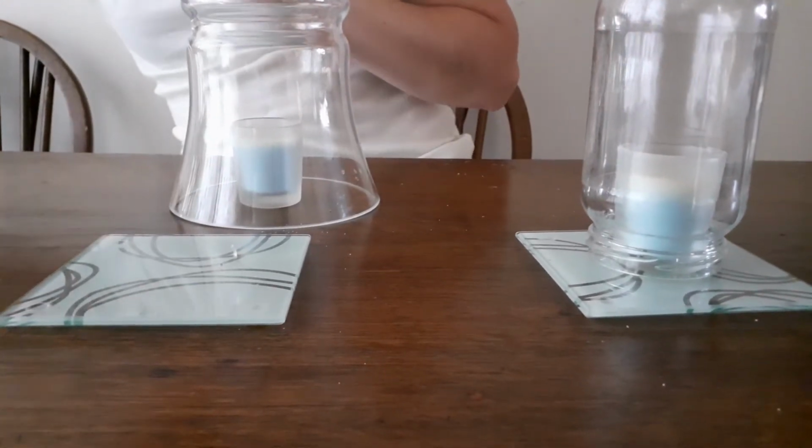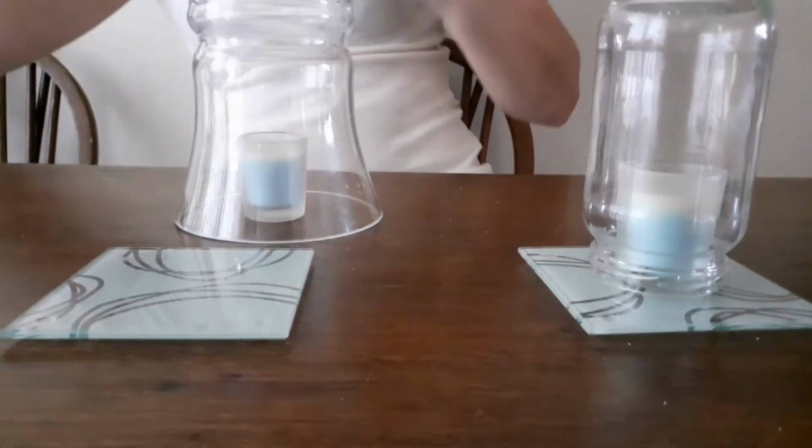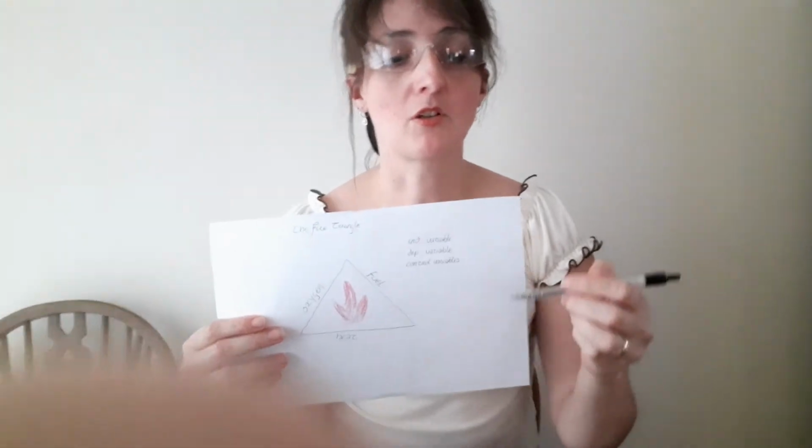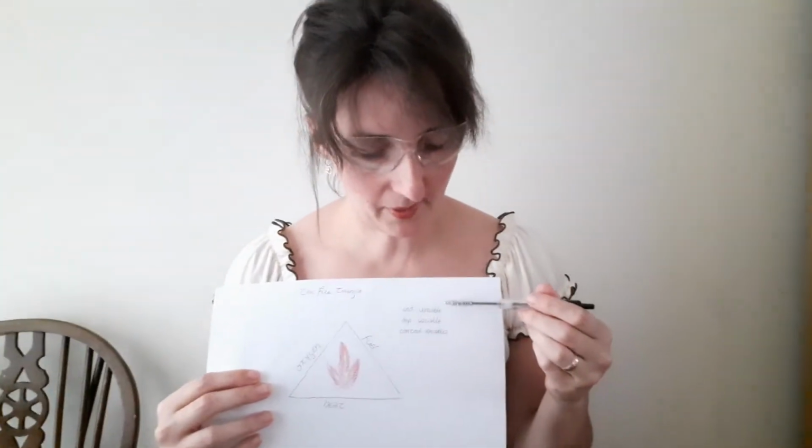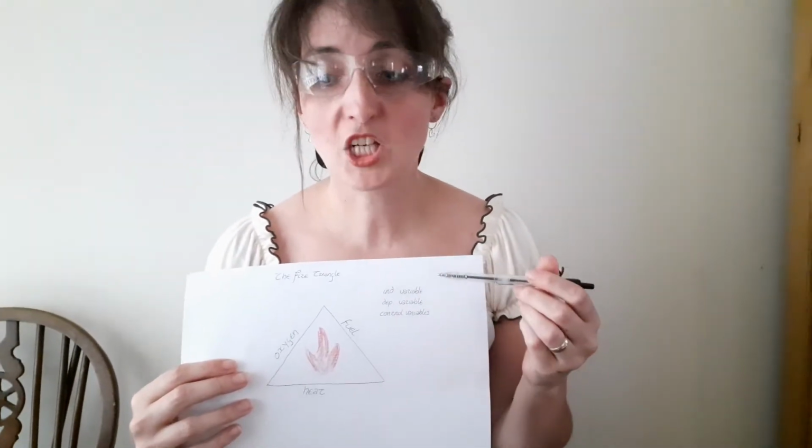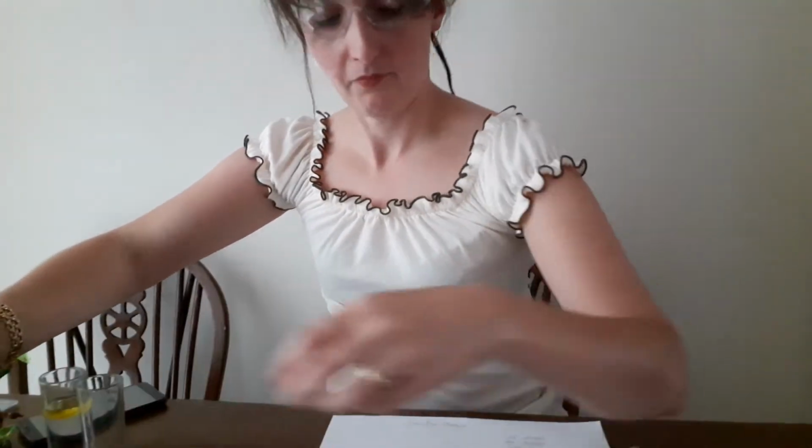So what we need to know are what our variables are. So our variables, what are they? First of all, our independent variable. What are we changing? We're going to change the size of the jar. So we're going to write that down.